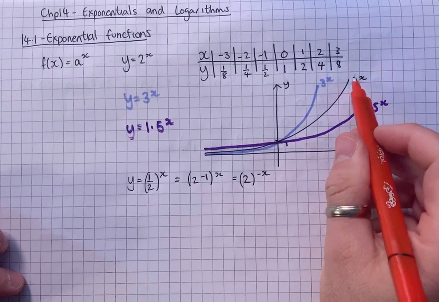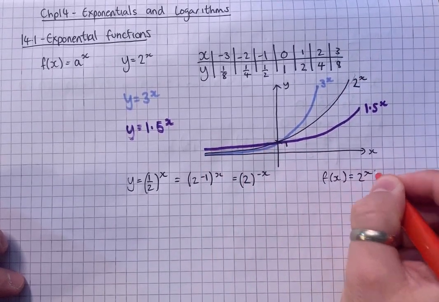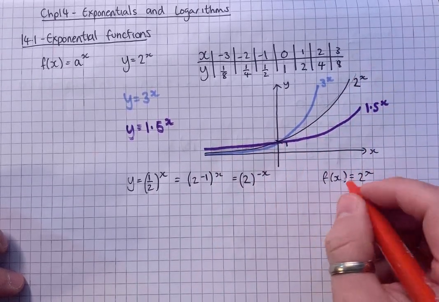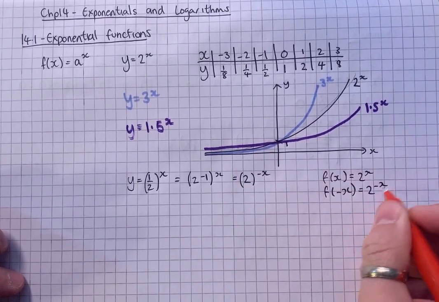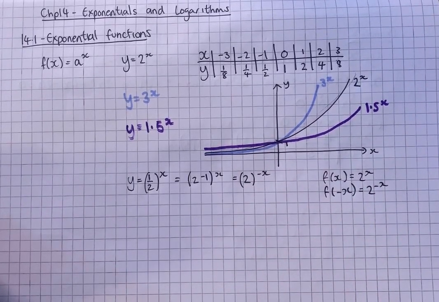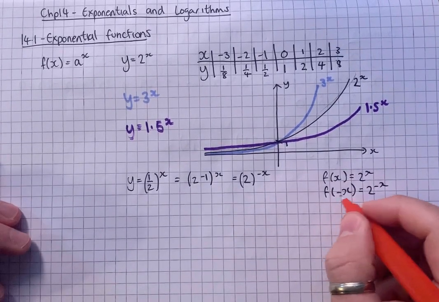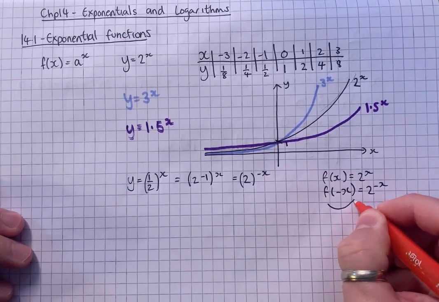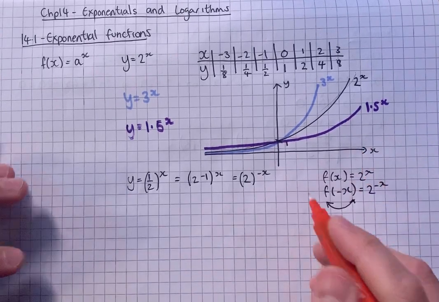So if we say our base function f of x is 2 to the power of x, and we know what that graph looks like, then a half to the power of x is f of -x. Now, as types of transformations, inside the bracket, so it's all about the x-axis, all about the horizontal. It's a horizontal flip, so it reflects through the y-axis.